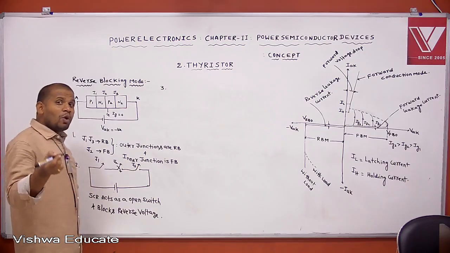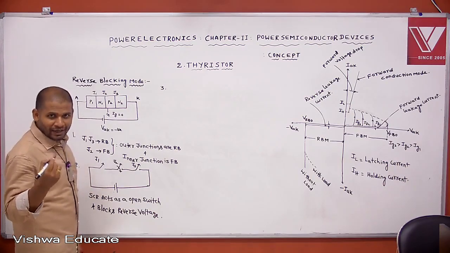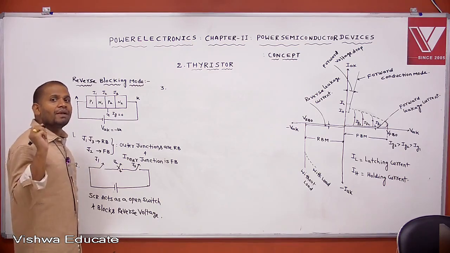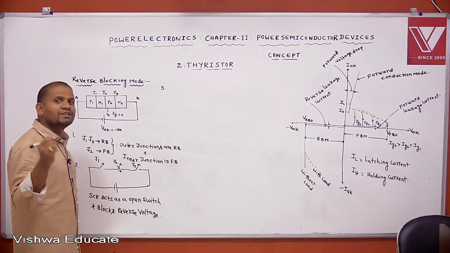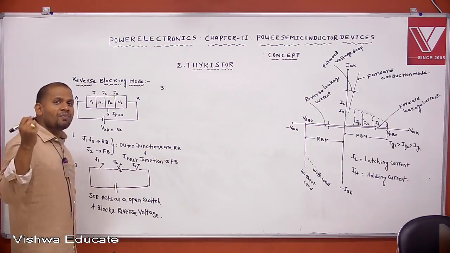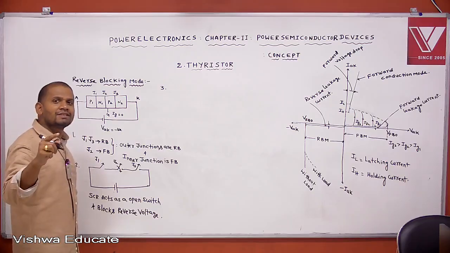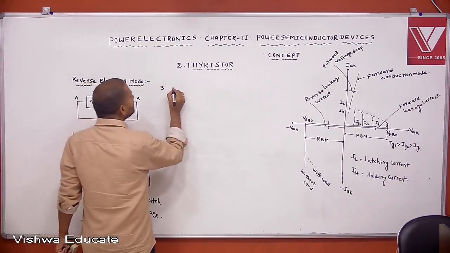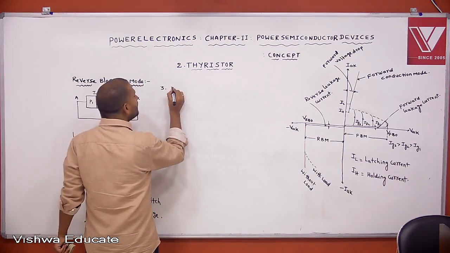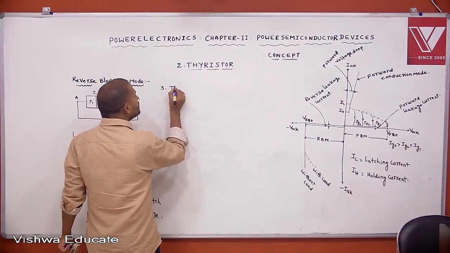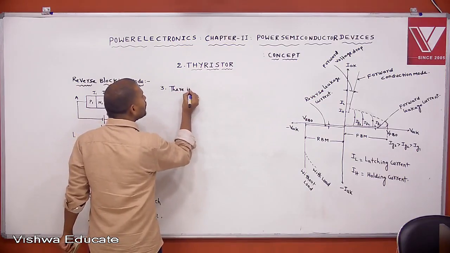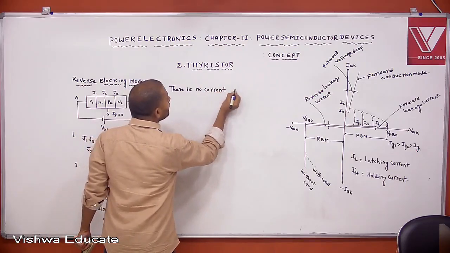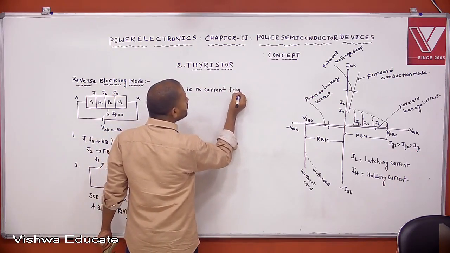Once it acts as an open switch, there is no forward current. But practically, because of stored charges in junction layers, because of minority charge carriers, there exists a small reverse leakage current. Practically, because of the open switch, there is no current from anode to cathode.